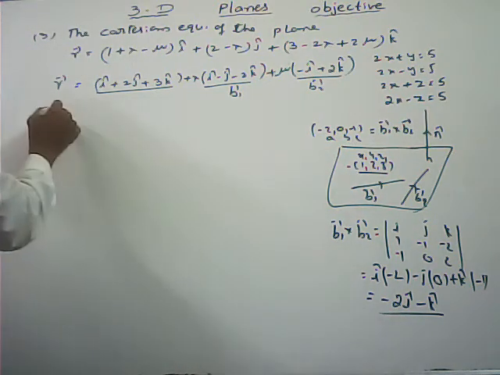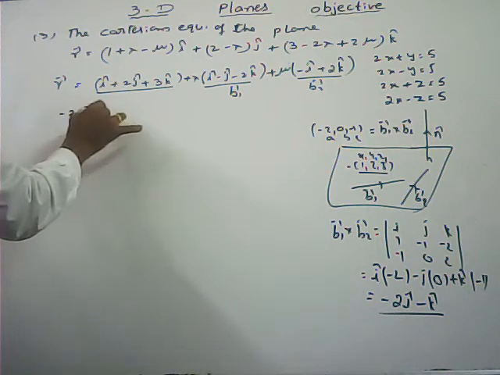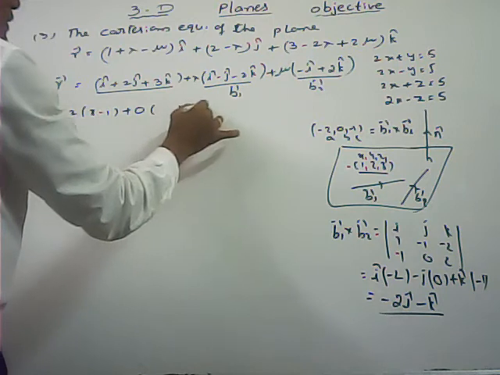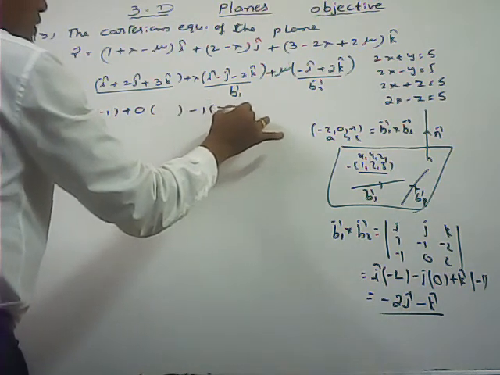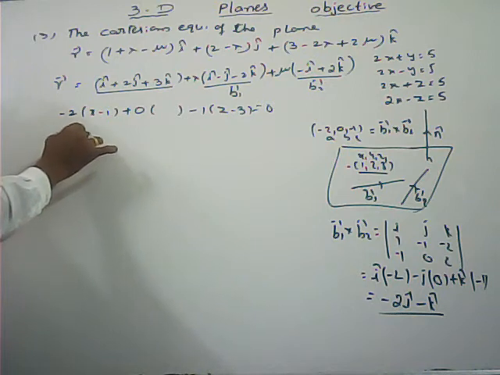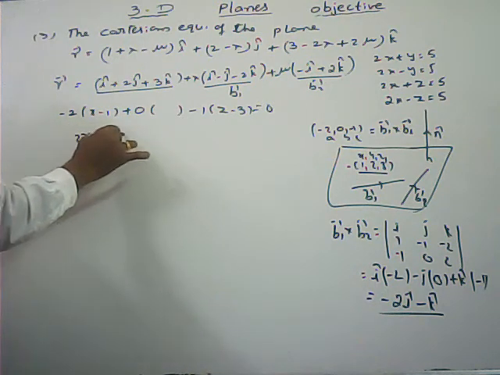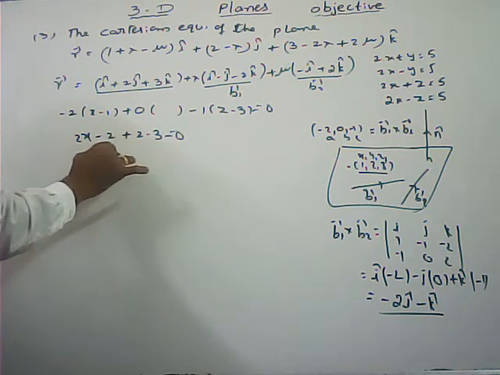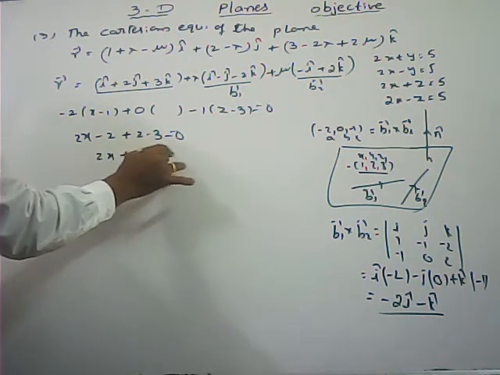Here A is minus 2 into x minus x1, plus B is 0 into anything is 0 only, plus C into z minus z1, that is equal to 0. So 2x minus 2 plus z minus 3 equals 0, or 2x plus z minus 5 is equal to 0.